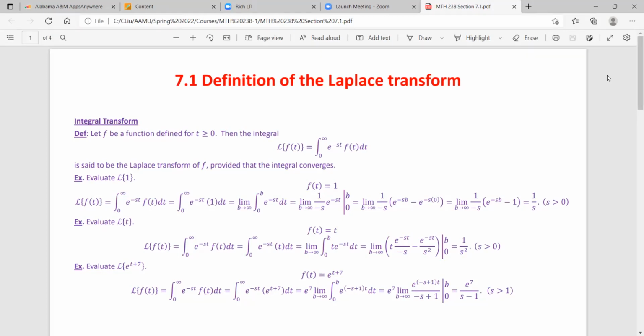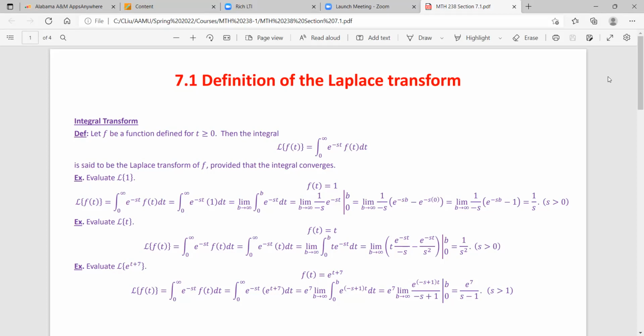According to the definition, it's the integral from 0 to infinity of e to the negative st times f(t), where f(t) is 1 here. So at the end, we just integrate e to the negative st from 0 to infinity. From the definition of the improper integral, as I just mentioned, you integrate e to the negative st from 0 to b and take the limit as b approaches infinity.